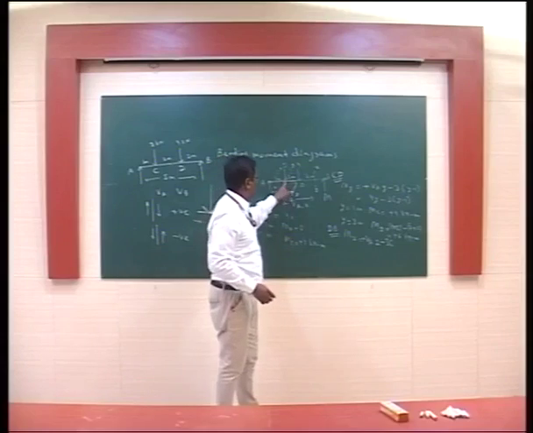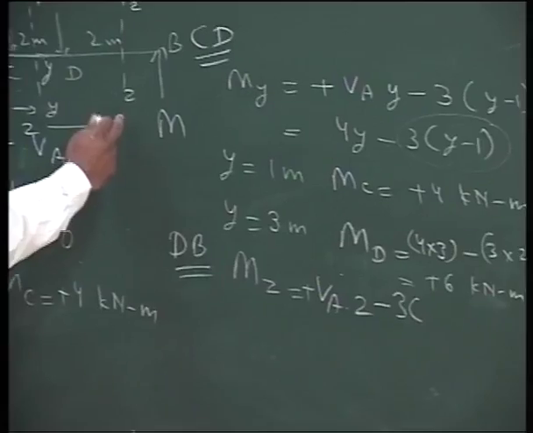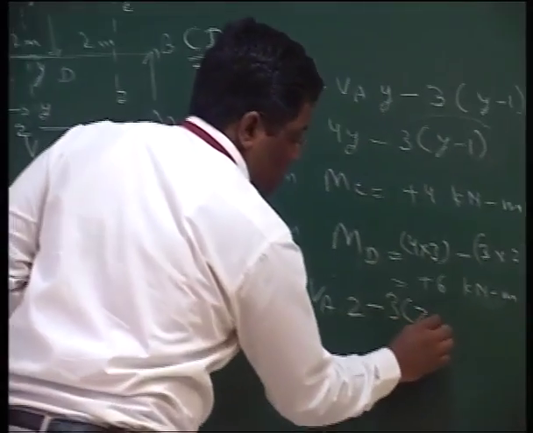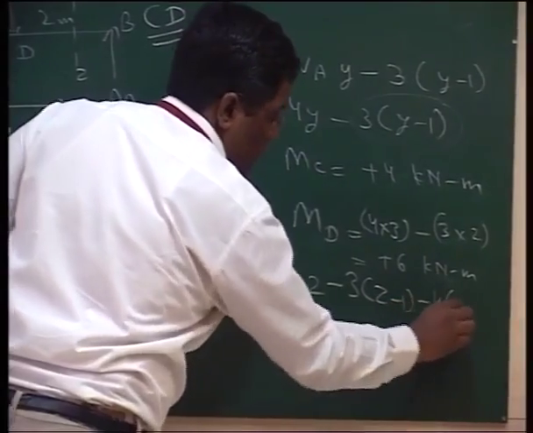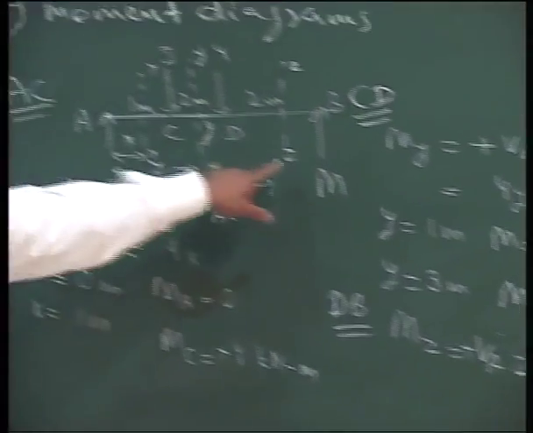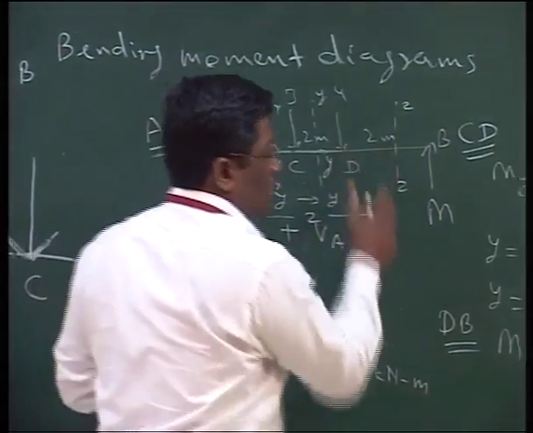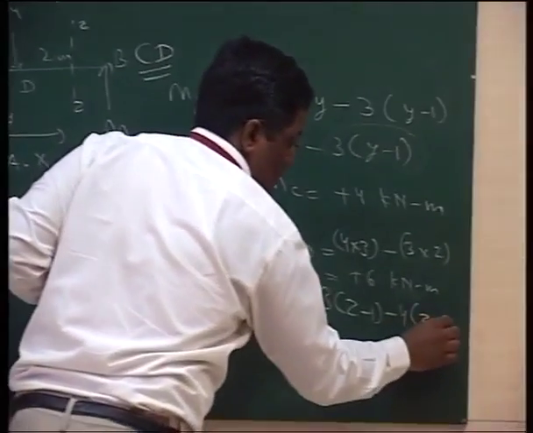The distance of 3 from Z is, this is Z, this is 1, so the distance is Z minus 1. The third one is 4, and quite easily we can see that this is completely Z. This is 1 plus 2, that is 3 meter, so the remaining distance is Z minus 3.